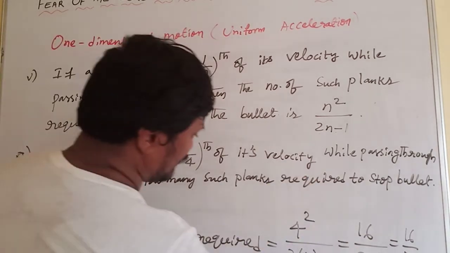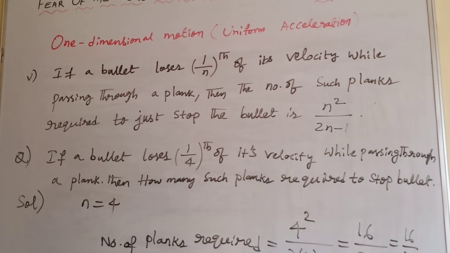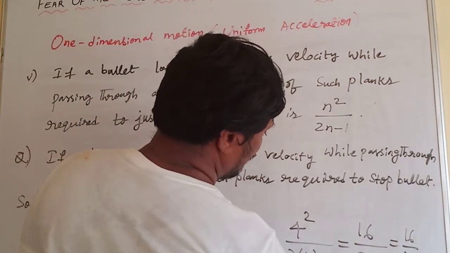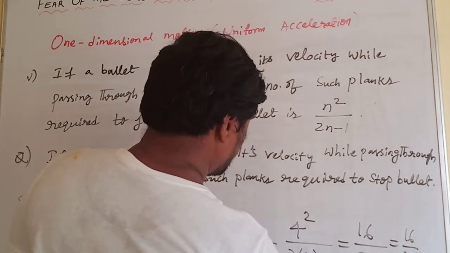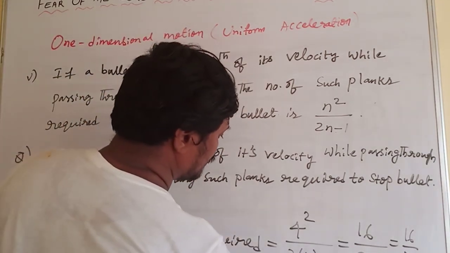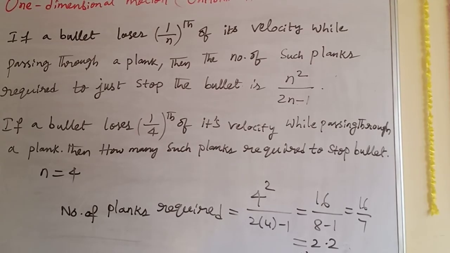If you want to simplify, 7 2s are 14, so 2.2 is possible, meaning more than 2. Approximately, we can say that only two planks are required to stop. So this is your fifth point, and let's move on to the next point.